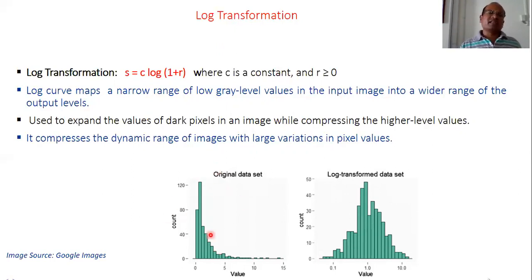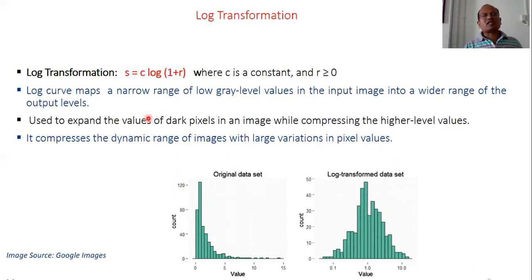The original data set in the input, that is the histogram, and if you look at the second one, there is a wide range that is displayed. So what does the log transformation do? The log transformation maps low level intensity values into a wider range of output grayscale values.